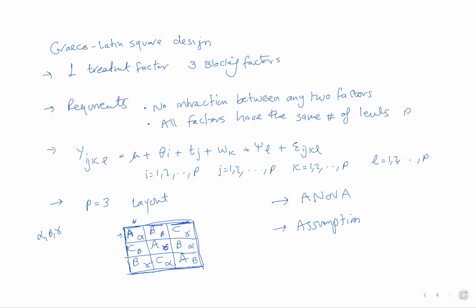The last one we covered in chapter 4 is the balanced incomplete block design. In this design, we have 1 treatment factor and 1 blocking factor. So it should be a complete randomized block design.